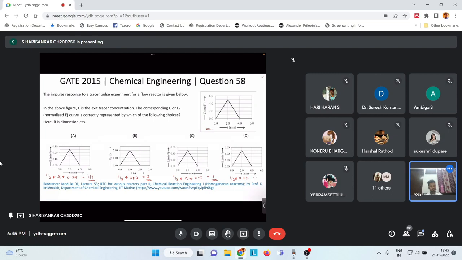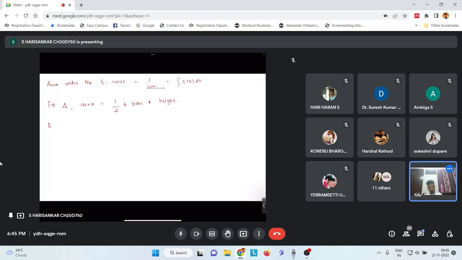So the area under the E curve for option C is 1. That is our required residence time distribution, or E versus t curve. So the right answer here is option C.